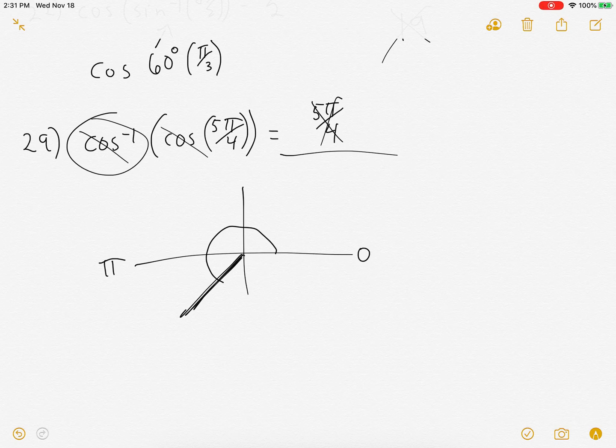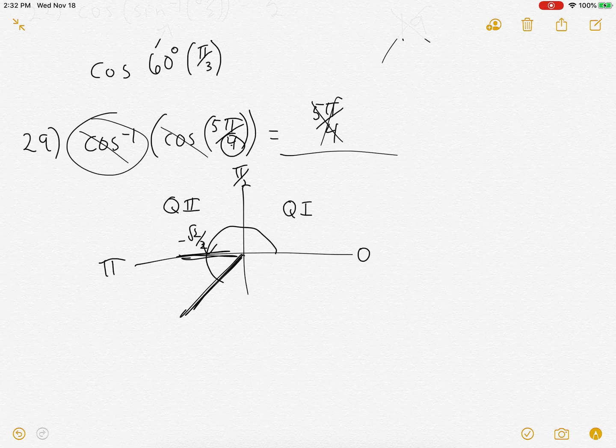Inverse cosine only exists from 0 to pi. It only exists in quadrant 1 and quadrant 2. So now, what is the cosine of 5 pi over 4? And we better talk about that first. Well, that's right here. That's a 45, right? When you see that, you know it's a 45. It's negative radical 2 over 2.